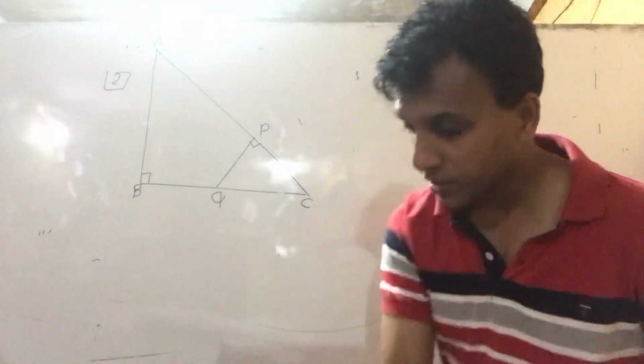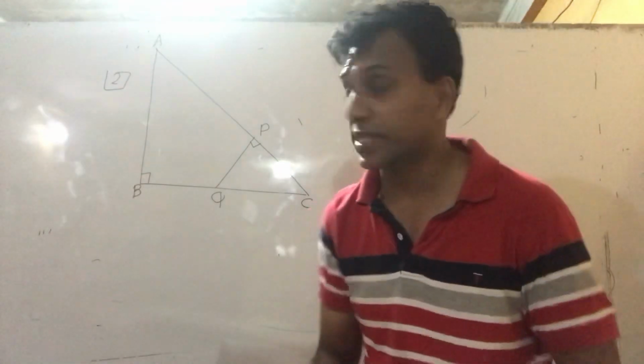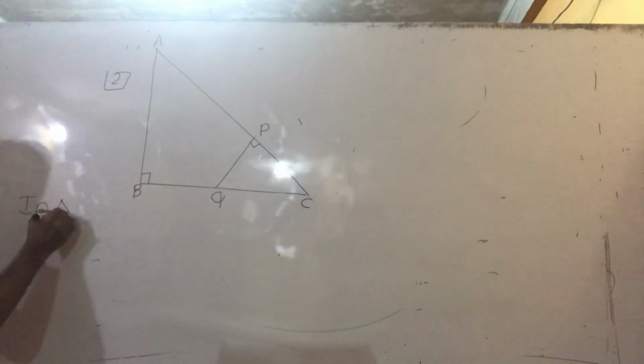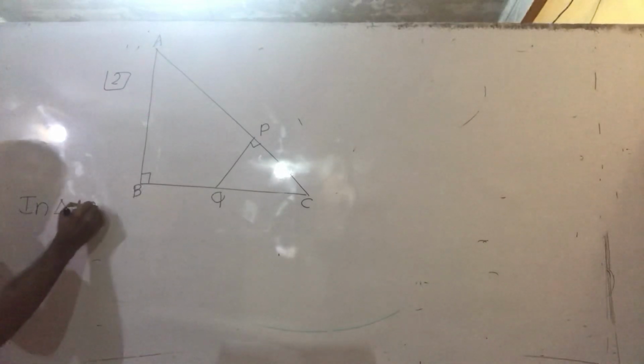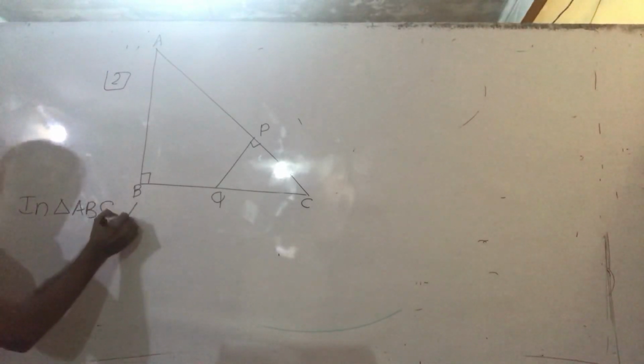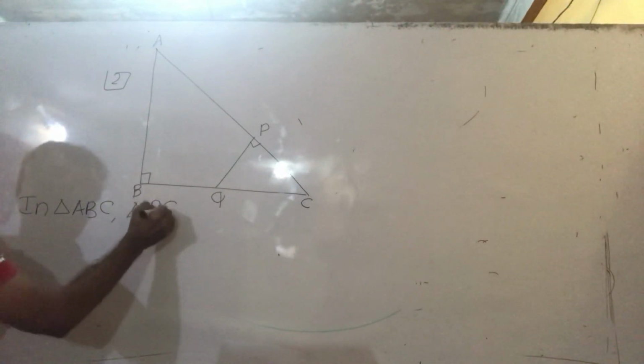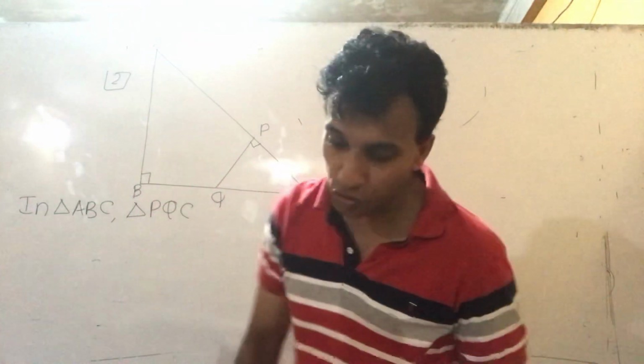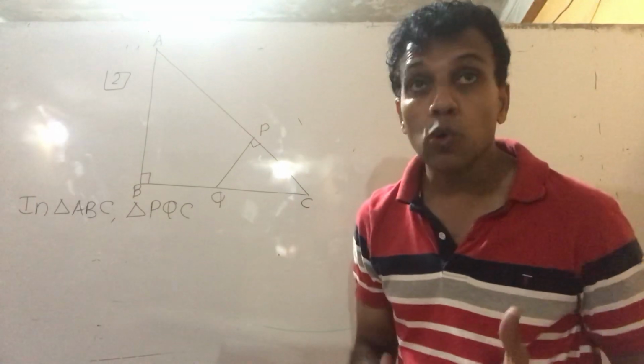Okay, how do they start? The big triangle first. So, start here. In triangle ABC, triangle PQC, take the big triangle and the small triangle, we show one by one.